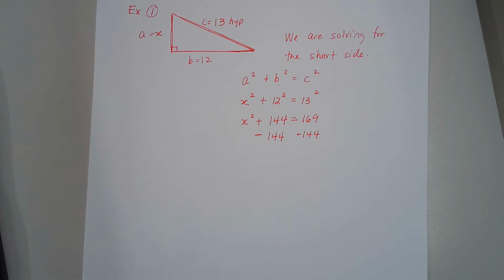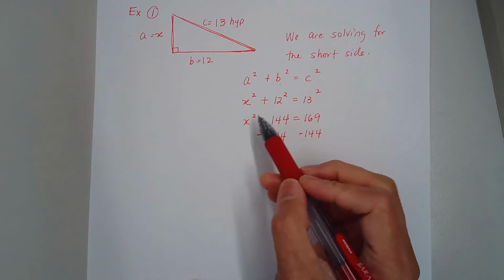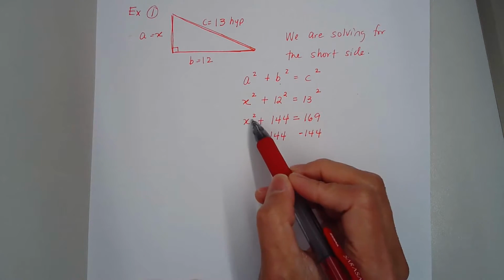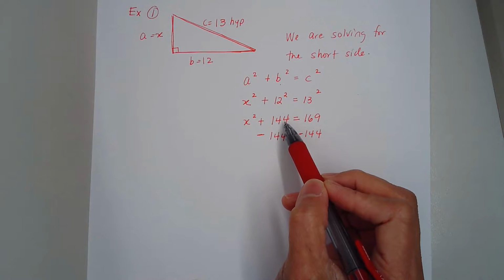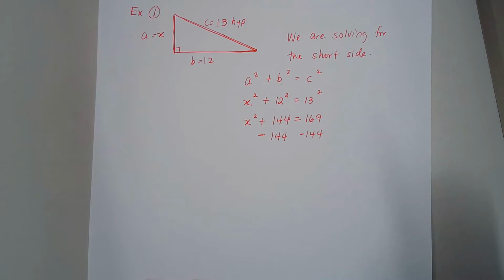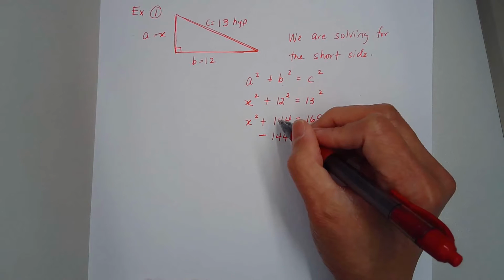Right? What we're trying to do is have the x alone. Remember we talked about that before. We're gonna have the x all alone by itself. So if this number is being added by 144, we're gonna subtract 144. So this is gone.